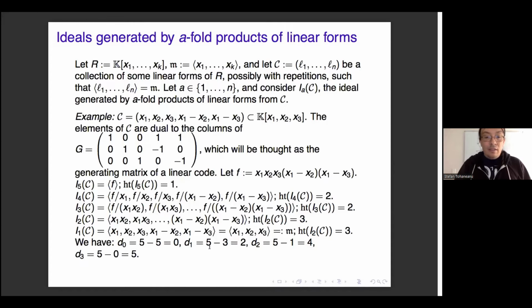D1, which is the minimum distance, will be 5 minus the maximum number of columns that will span a 3 minus 1, which is 2-dimensional vector space. Well, we have the first, second, and fourth columns, they will span a 2-dimensional vector space.